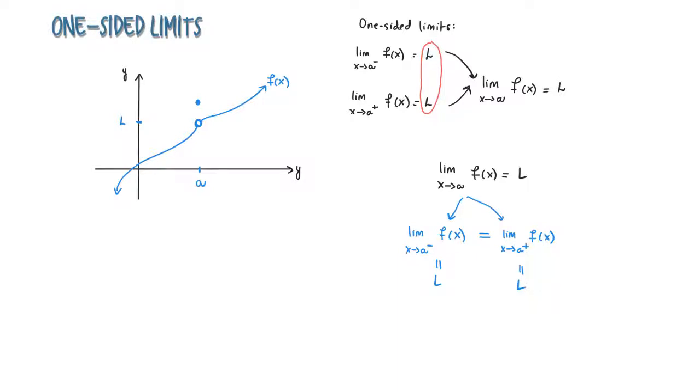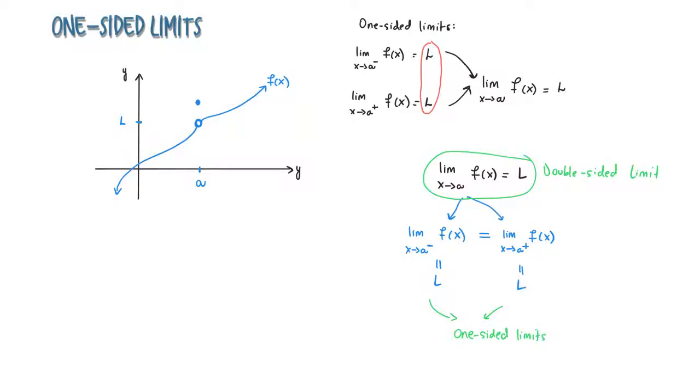In terminology, this is called a double-sided limit. It is double-sided because the limit from the left of a is equal to the limit from the right of a. And these ones over here are one-sided limits.